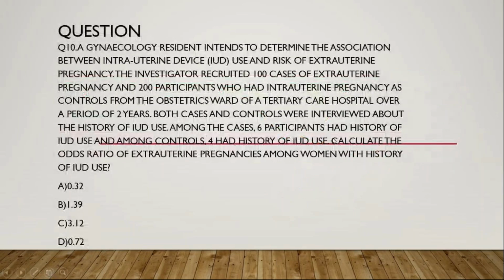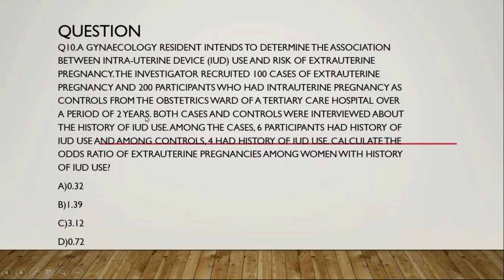Now this is a very long question, but don't panic. It is a very simple question. A gynecology resident intends to determine the association between intrauterine device use and risk of extrauterine pregnancy. The investigator recruited 100 cases of extrauterine pregnancy and 200 participants who had intrauterine pregnancy as control from the obstetric ward of a tertiary care hospital.